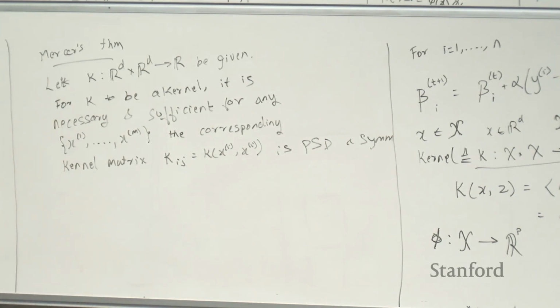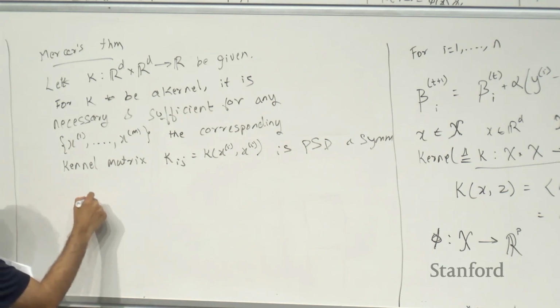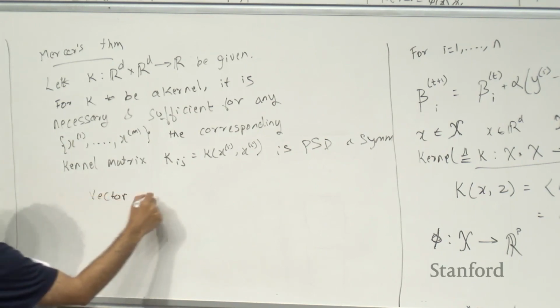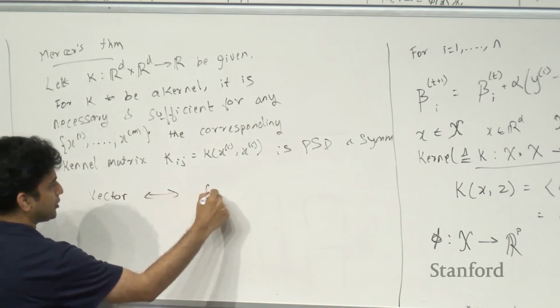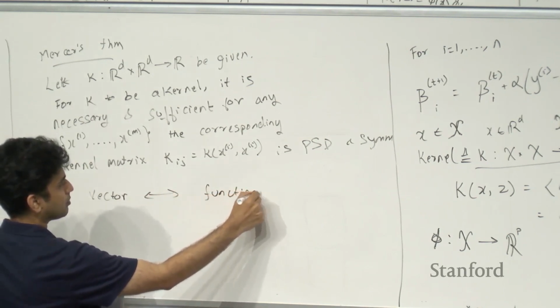And the proof of this theorem is beyond the scope of our course, but we can still get some intuitions on this, right? So as a reminder, a few lectures ago we saw this kind of relation between linear algebra and functional analysis, in that vectors are like functions, right?